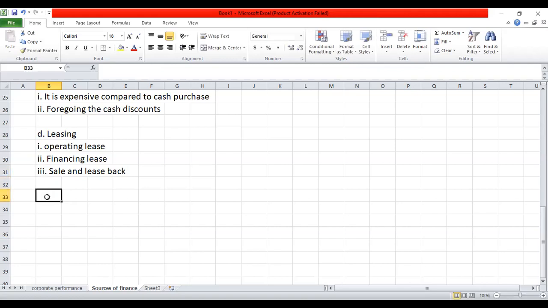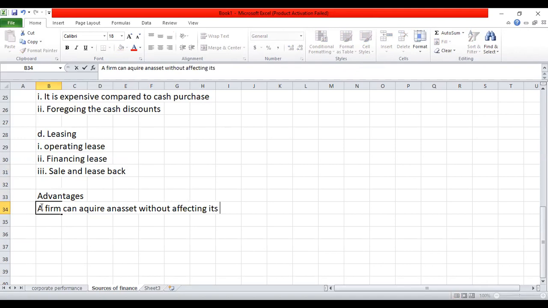So what are the advantages here? We can talk about one or two, because these are almost the same advantages. A firm can acquire an asset without affecting its cash flows.